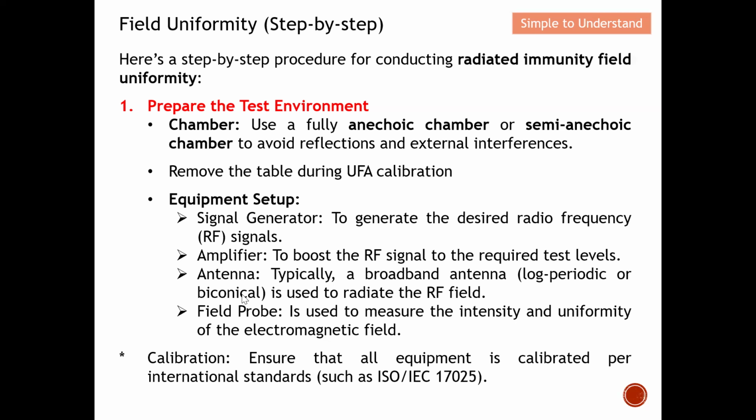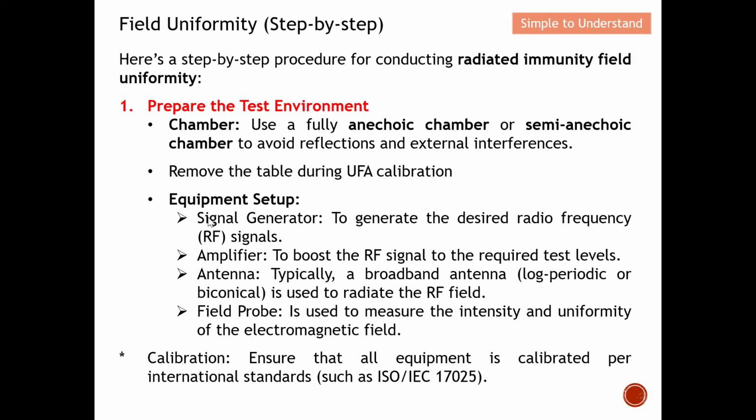Next we need to have the field probe. The field probe is used to measure the intensity and also the uniformity of the electromagnetic field. It allows us to measure how strong the signal is inside the chamber. So in short, for equipment we need these four.